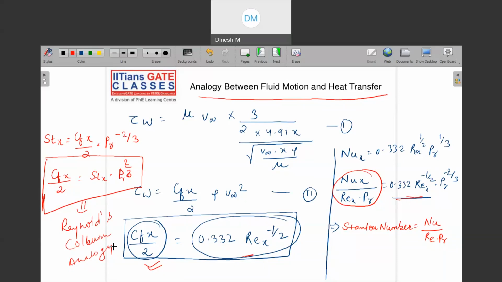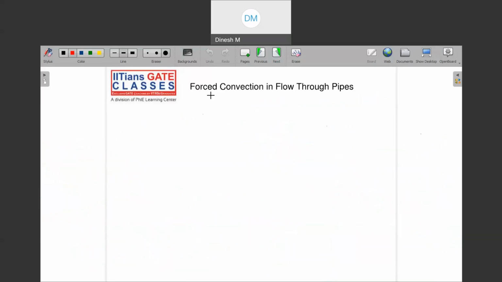Okay. Now let us move to forced convection in flow through pipes. Like till now we have seen the things when we are talking about the flow through pipes.